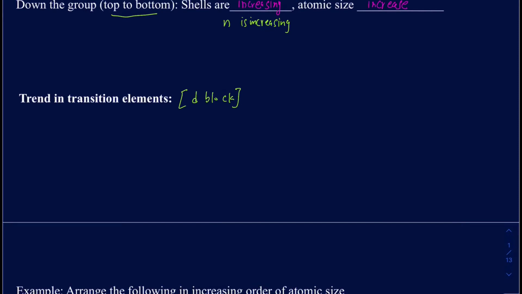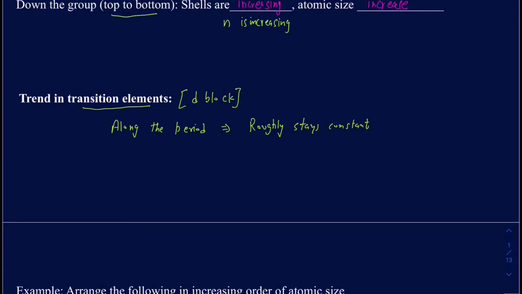But for the most part, when we're looking at the size along the period in transition elements, it stays the same. So it roughly stays constant.